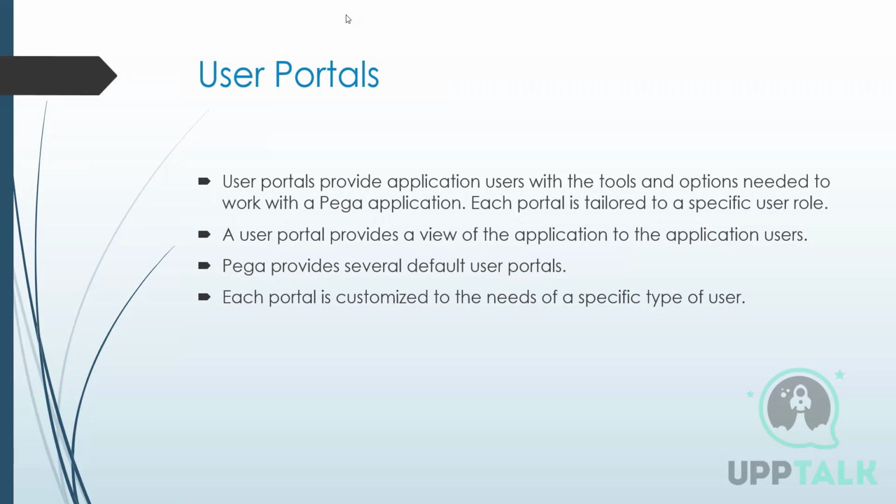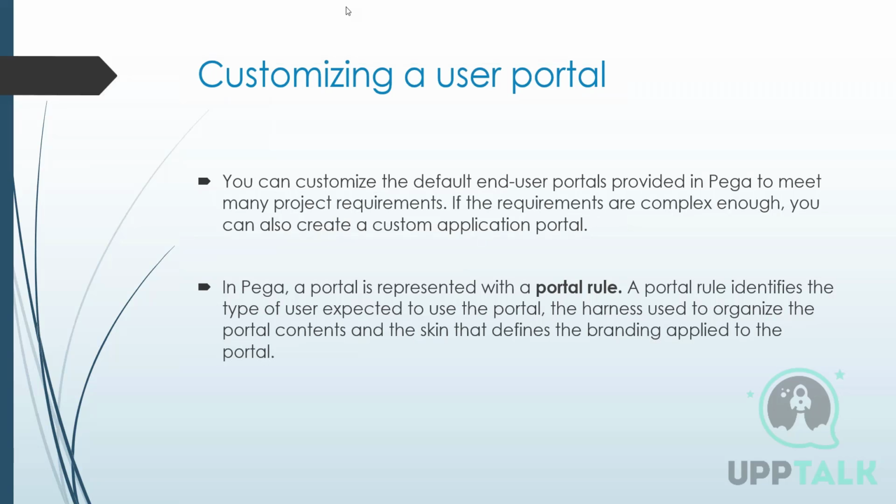Now, in order to look into the aspect of customization, first we would be talking about something called a portal. As we know, everything in Pega is considered a rule, so the first thing we'll be talking about is the portal rule.